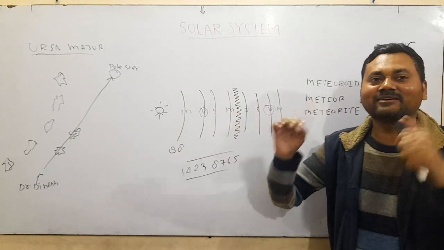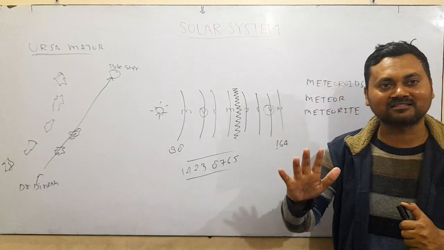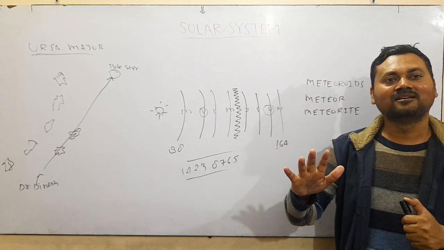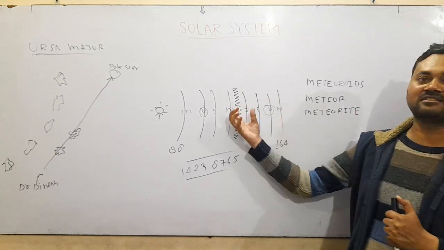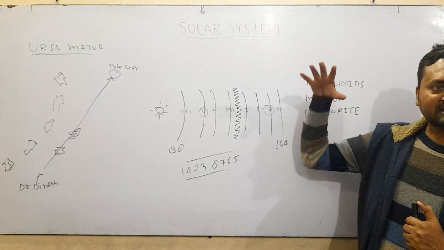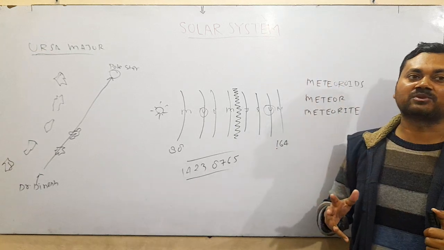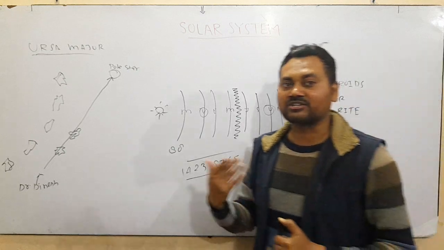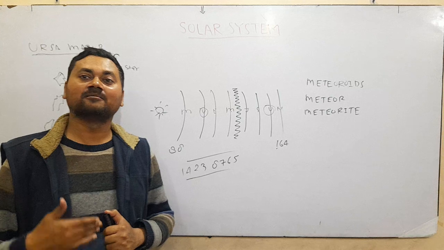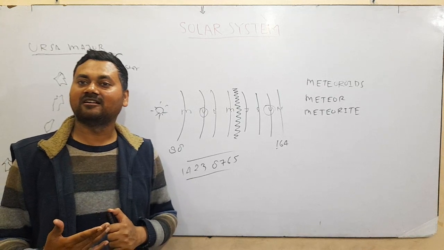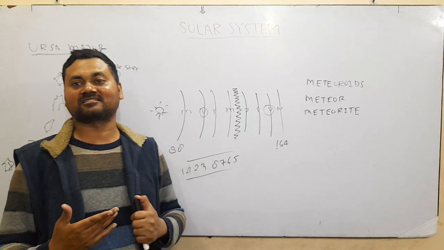They do their level best to cross it, but as we know, as these meteoroids enter the earth's atmosphere, due to the friction, they start burning. But some of them get success.